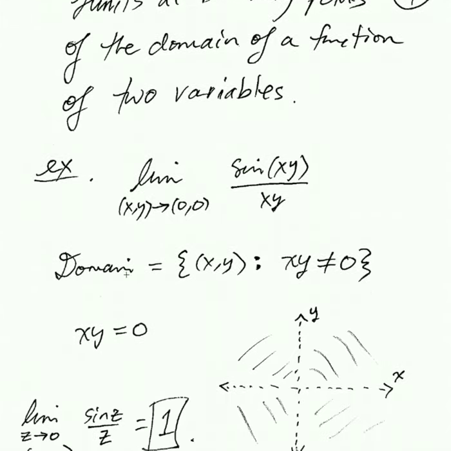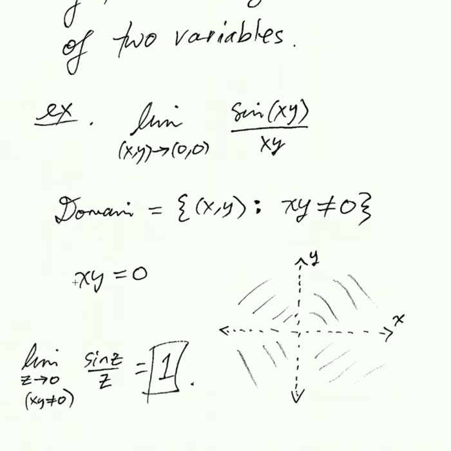What is the domain of this function? Well, this function makes sense everywhere except where the product xy is 0. So the domain is the set of all points (x, y) such that xy is not 0. Where is xy equal to 0? On the x-axis and on the y-axis.